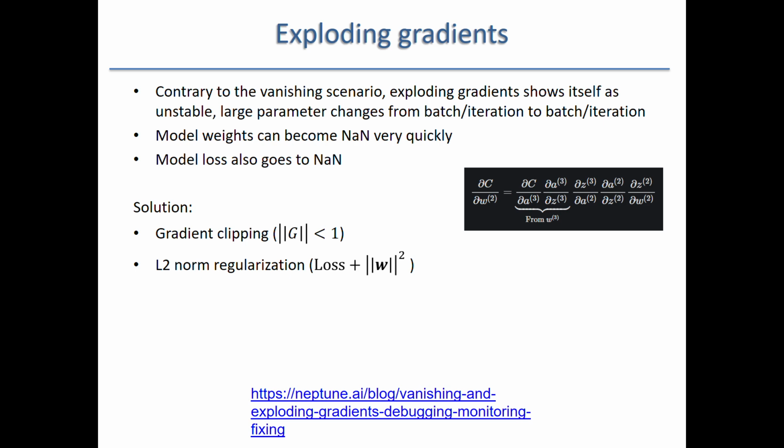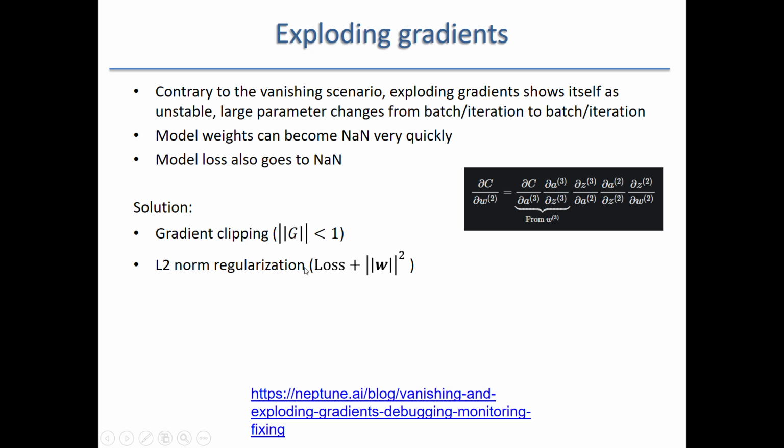So one solution is to clip the gradient. If the gradient has a module that is very big, you clip it and give it a maximum value, and this value can be one, or something that makes sense in your context. And the other one is to regularize the weights.